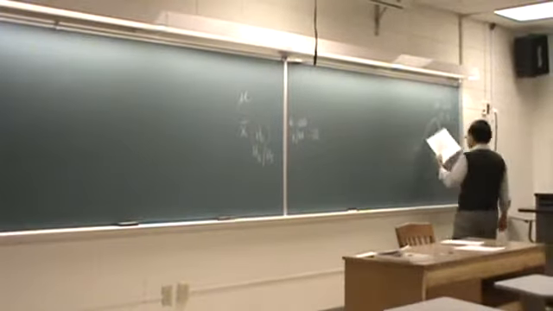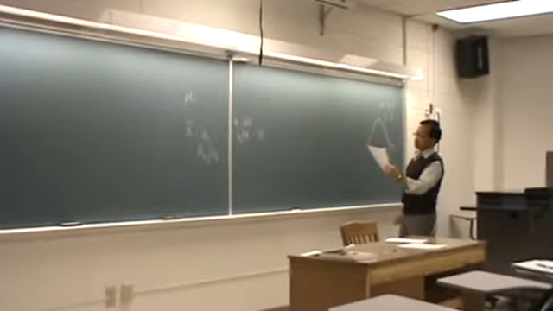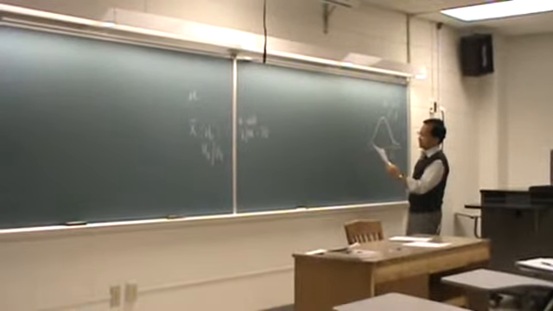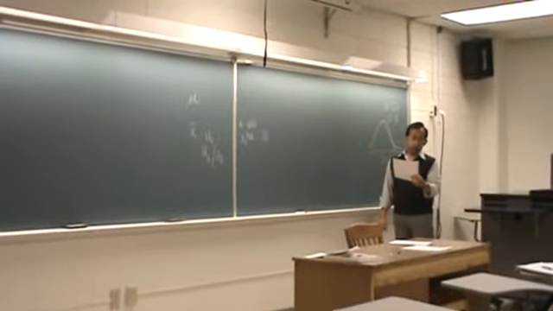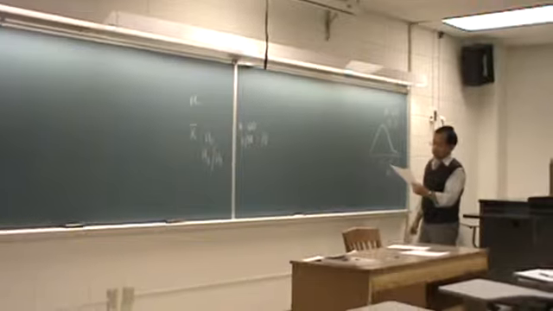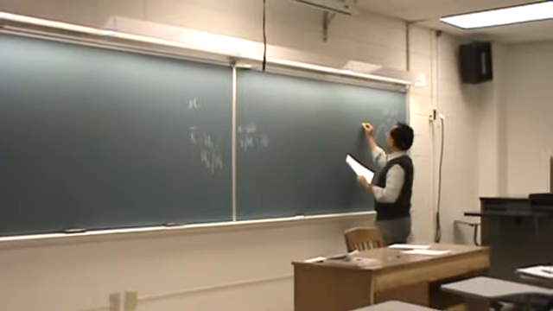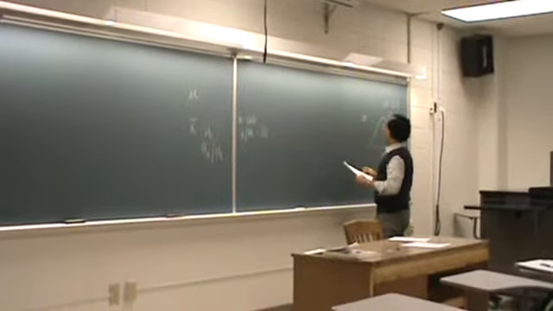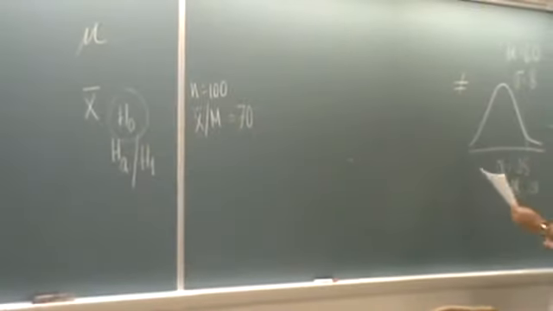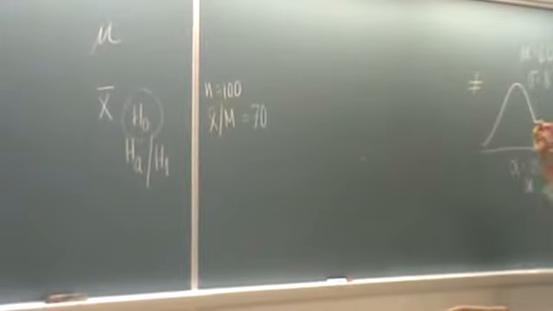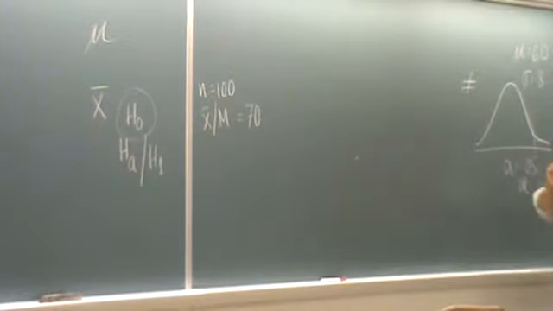In these notes, the first one, H sub A, I wrote as mu not equal to 60, the alternate hypothesis. When you see this sign, not equal to, right away you will know that it's called a non-directional test.